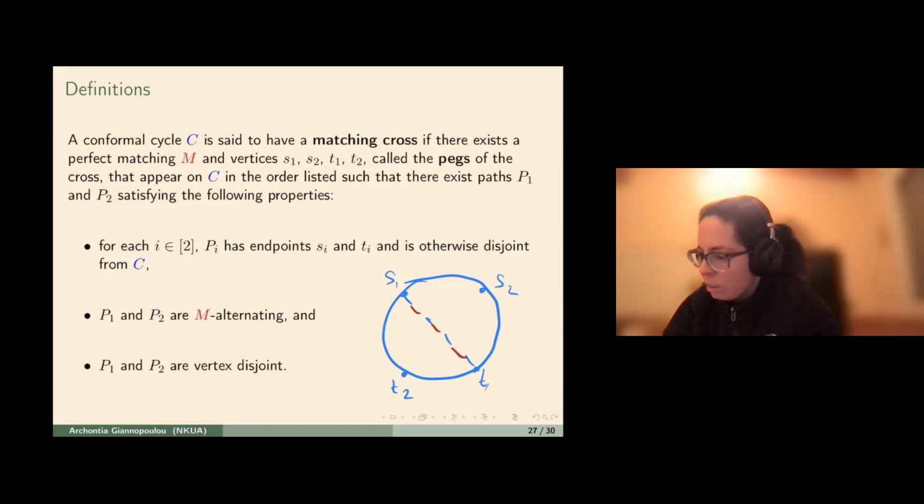They are disjoint and they create a cross over the cycle.